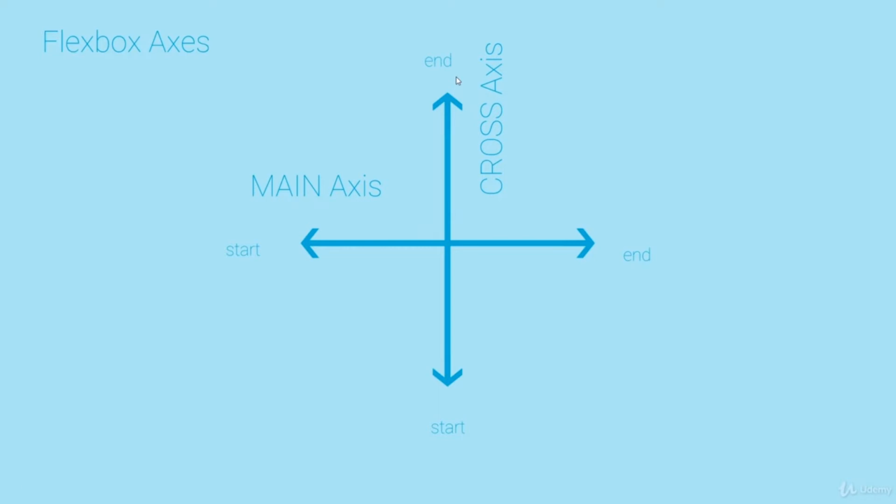And this is it. I know this sounds strange right now to end this lecture here, but just bear with me and go to the second part of this lecture, and you will understand what it's all about. But bear in mind there are two axes, main axis and cross axis, and each one of them has a start and an end, and we will see you in the next lecture.